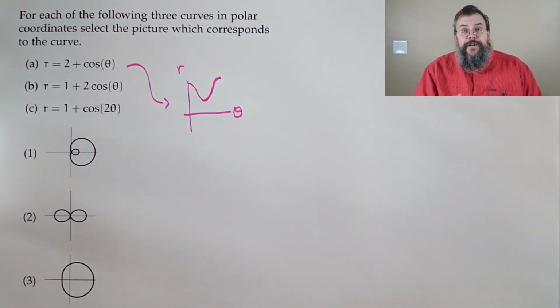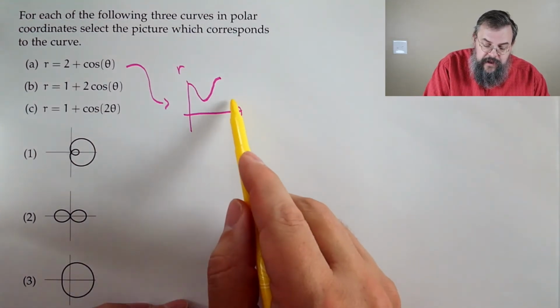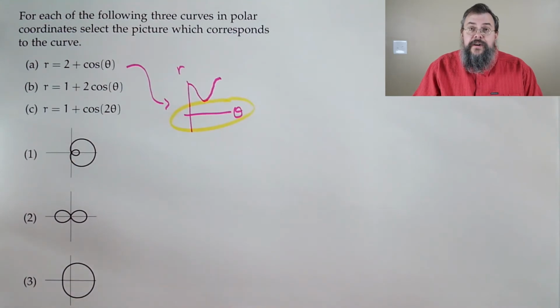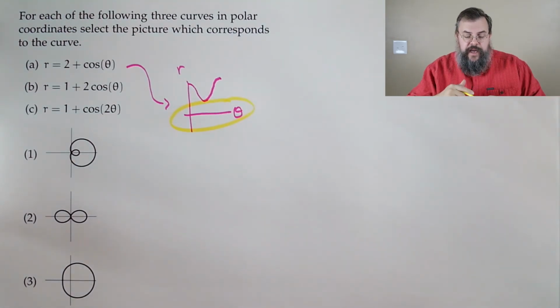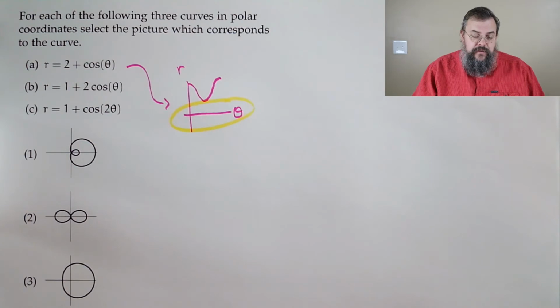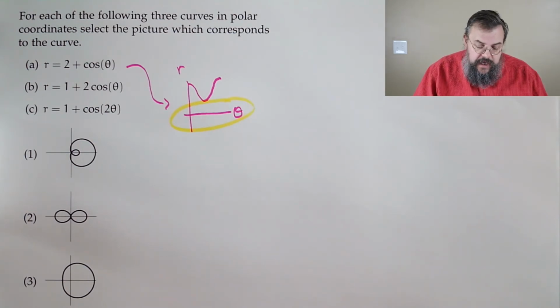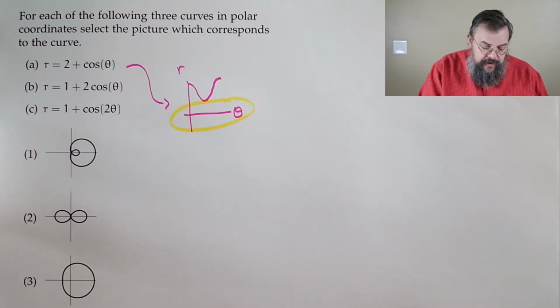Now, what do we notice? Well, one thing that we notice is, look, you never get close to 0. You always are bounded away from 0. So as you move around, you never hit the origin. So as we look at the pictures, we say, hey, there's only one of these that never hits the origin. It's this bottom one here, right? And you can see what happens.